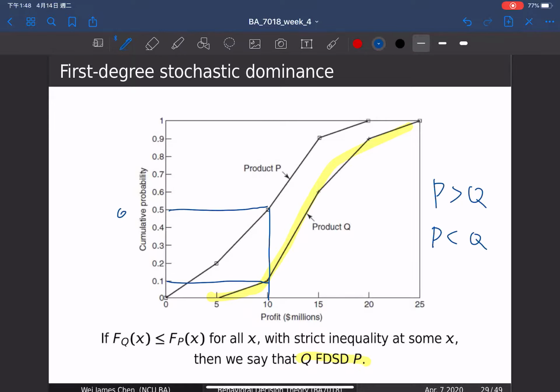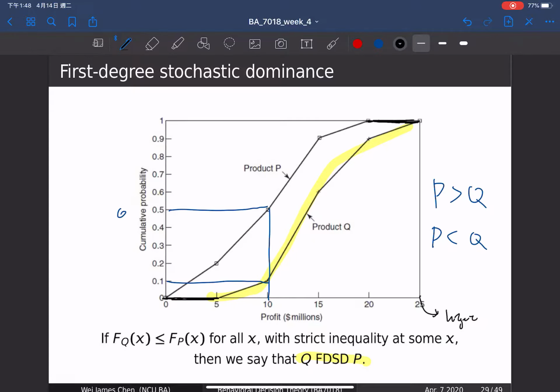By the way, it might not be that clear here, but this line is connected here and also here, because the cumulative probability needs to join the origin and the 1. This is the highest possible number.